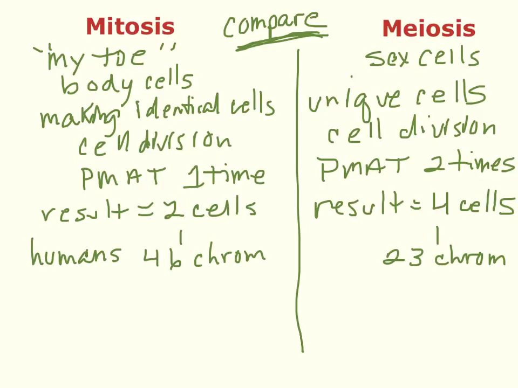The big thing is identical versus unique, because the whole point of meiosis is to make unique cells to increase the variety in the species as an advantage for evolution. All right, so let's review meiosis, and this video will be all done.